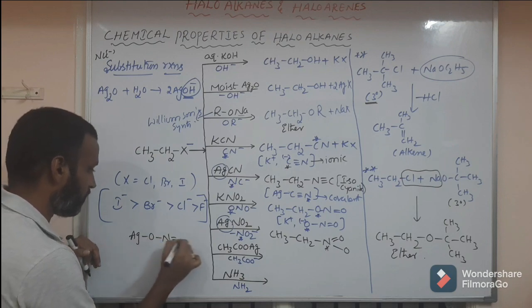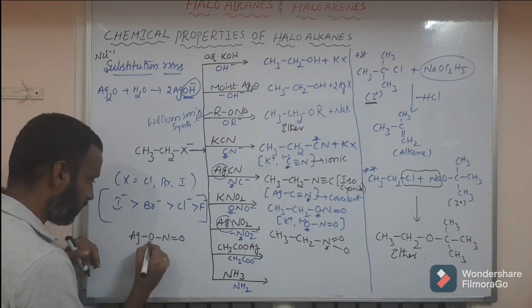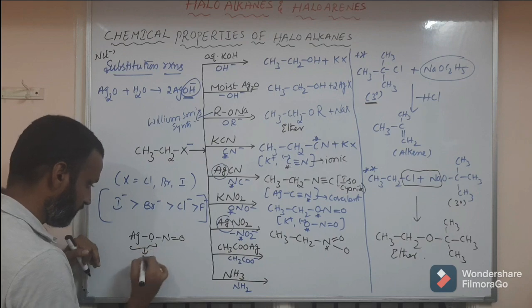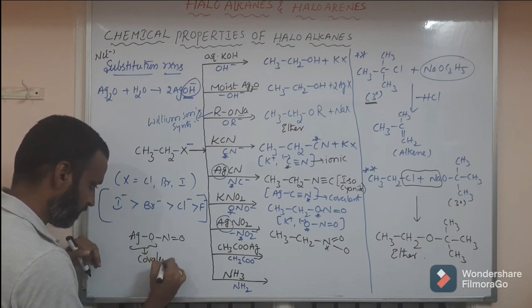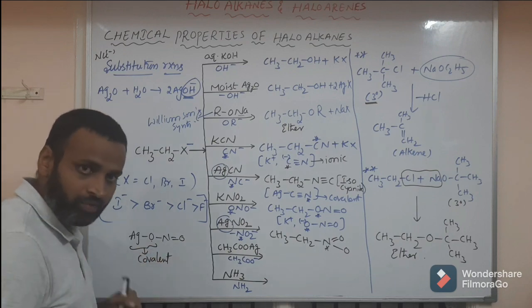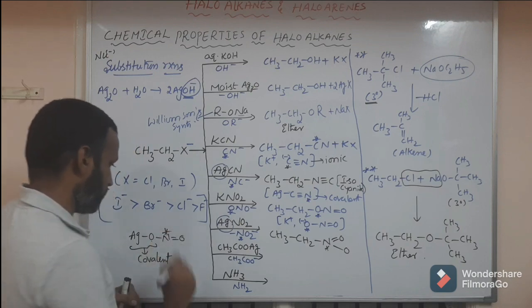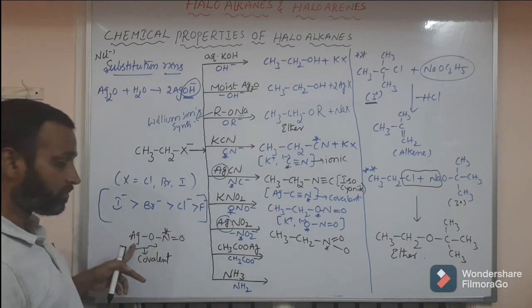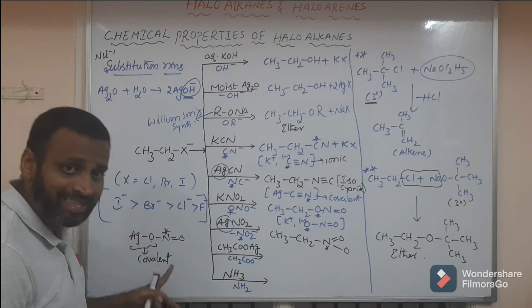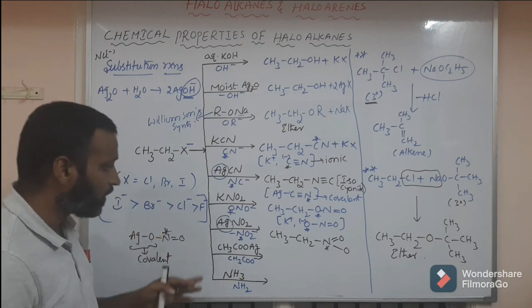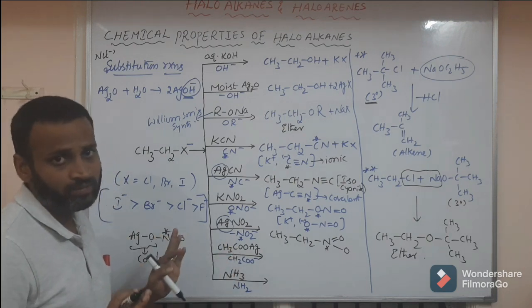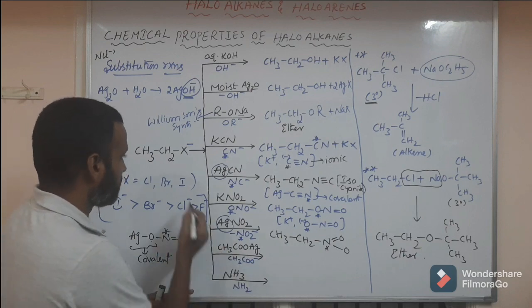So here oxygen has covalent nature with silver. So can it form a bond? No. That's why nitrogen is forming the bond. When you are using AgNO2, who is forming the bond? Nitrogen. Got it? Same story here.